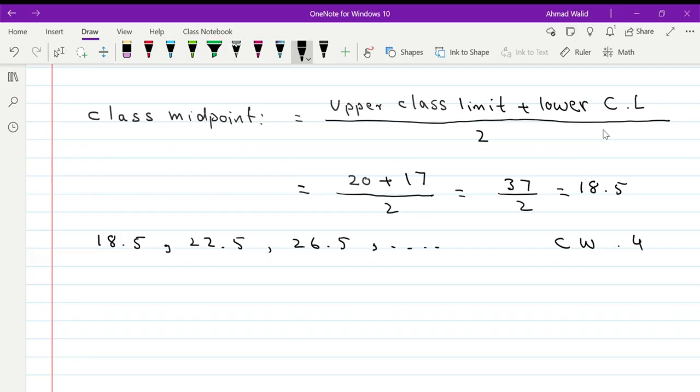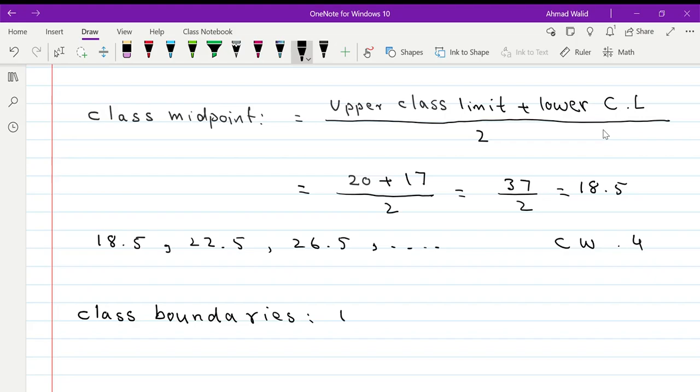Next important one is class boundaries. What is a class boundary and why do we find the class boundaries?